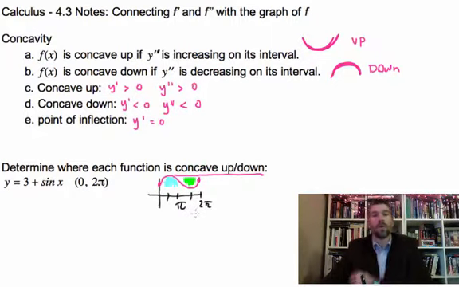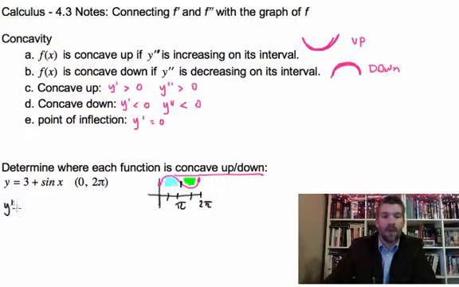Okay. So we need to find out at what point we are switching from concave down to concave up, and there is a specific point on that. So what do we do? We find the derivative, and the derivative of 3 is 0. The derivative of sine x is cosine x. Okay, second derivative of the cosine is negative sine x.